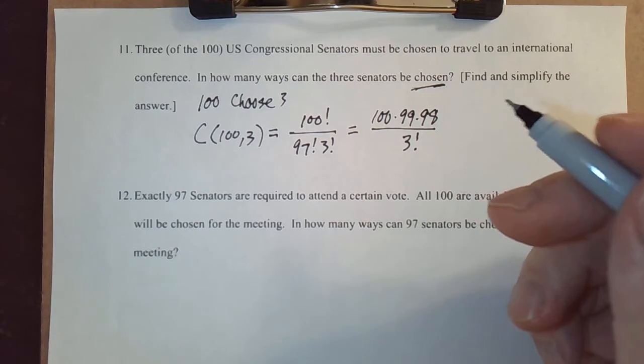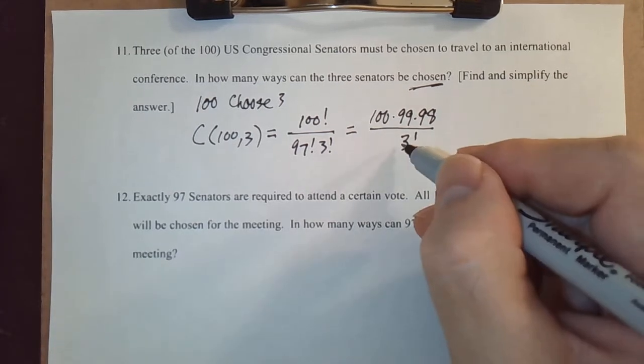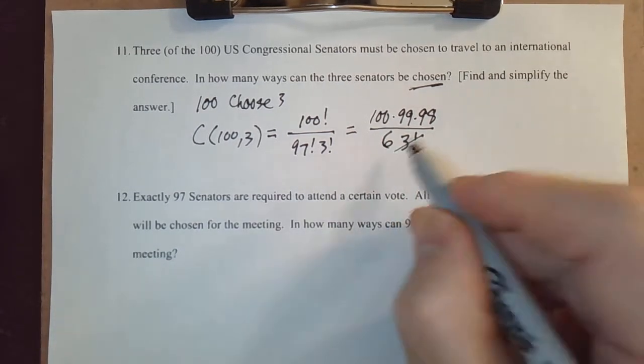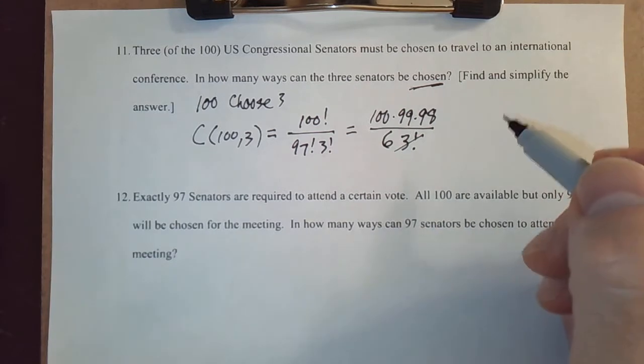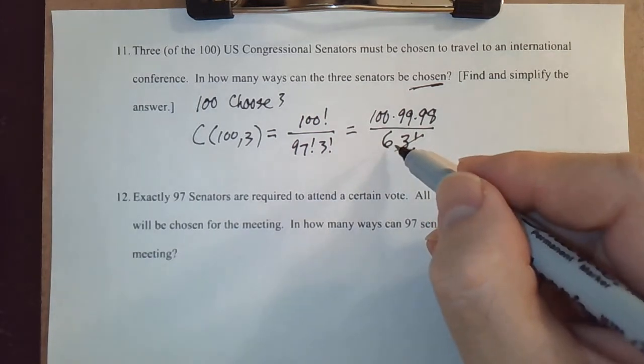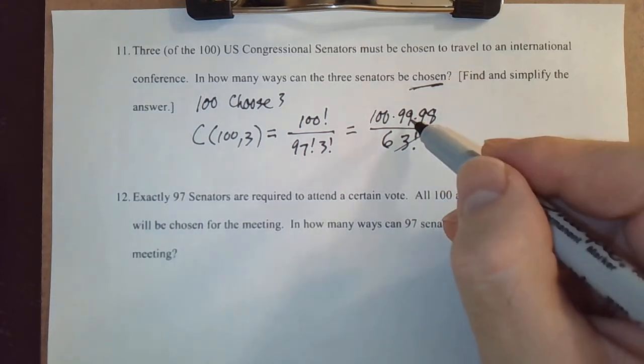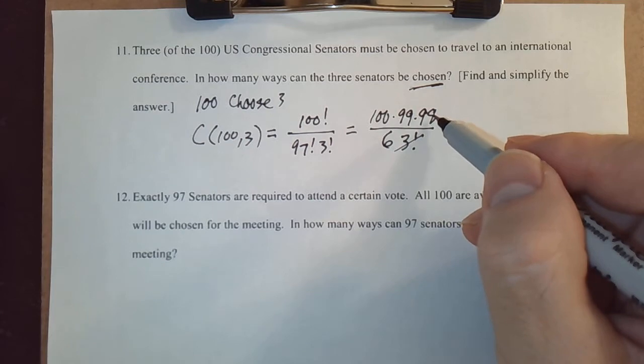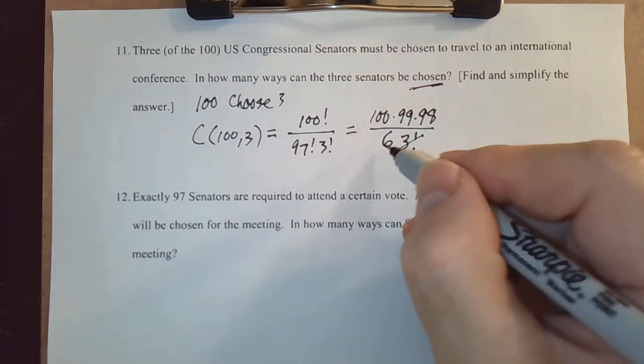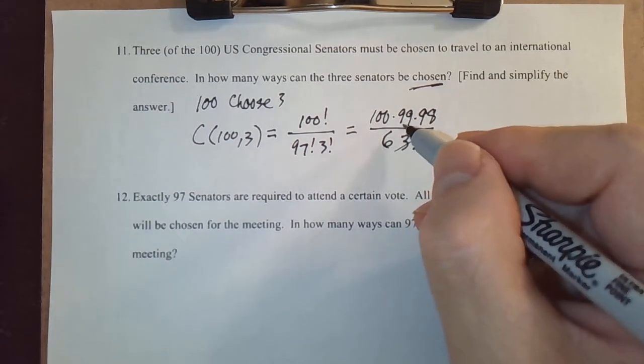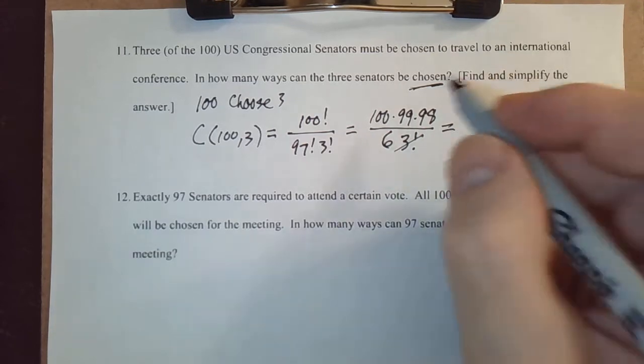Let me just go ahead and put a 6 there. 6 is equal to that. 6 times 16. Let's see. 6 is not going to go into 99, but I could cancel the 6, 3. Yeah, let me just plug it into the calculator.